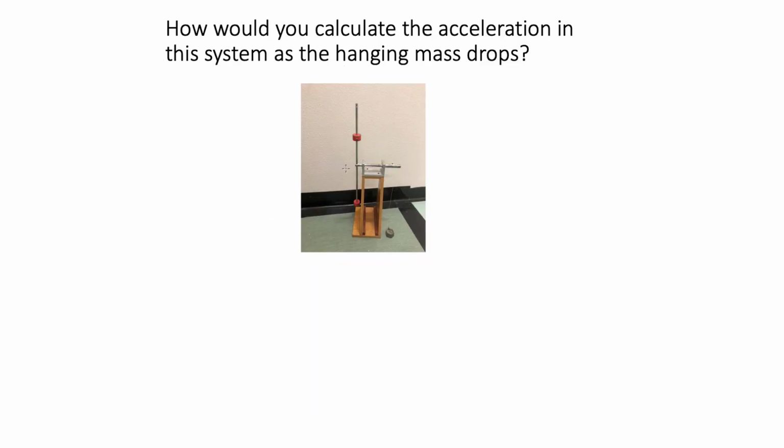Okay, so another thing that we looked at was this apparatus here, and we thought about how we could calculate the acceleration as the hanging mass dropped. So essentially what we have is an almost massless rod with a mass here, let's give it lowercase m, and a mass here, same mass, and we'll place them at a distance capital R from the center of the rod.